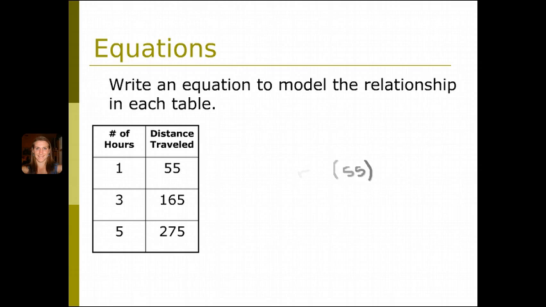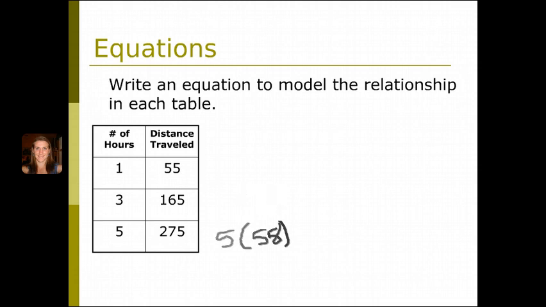But if I say 3 times 55, it will equal 165. So adding 54 is not going to work. Well, if I say 5 times 55, that also works. Therefore, I know that I'm multiplying by 55.